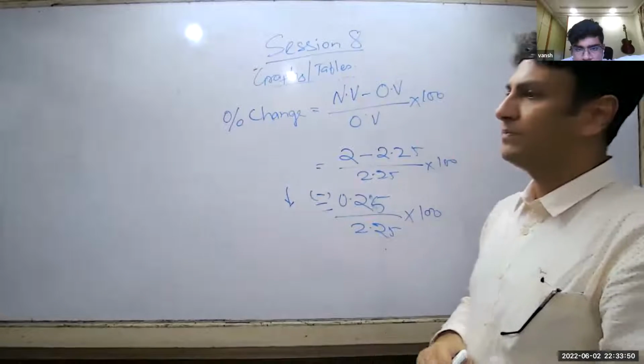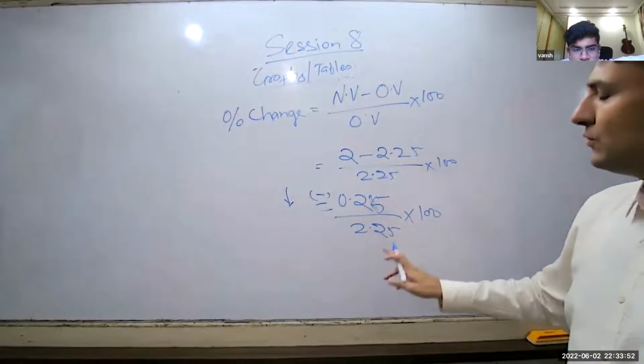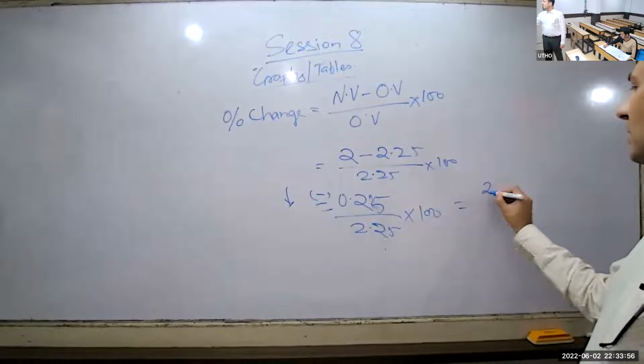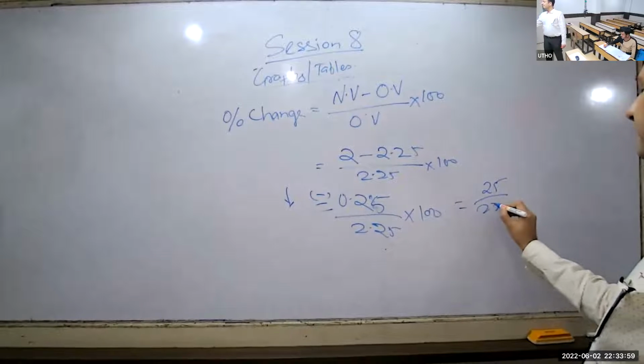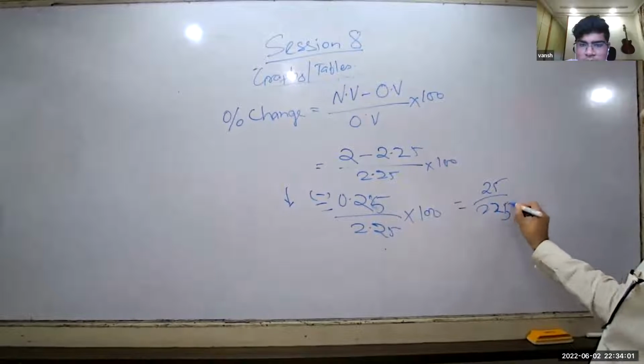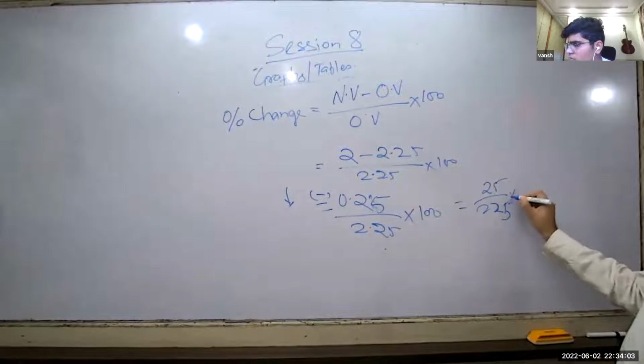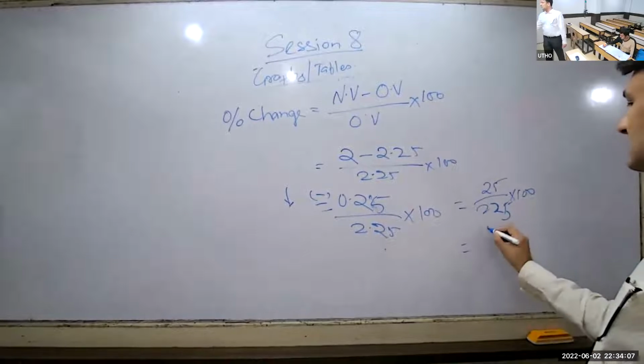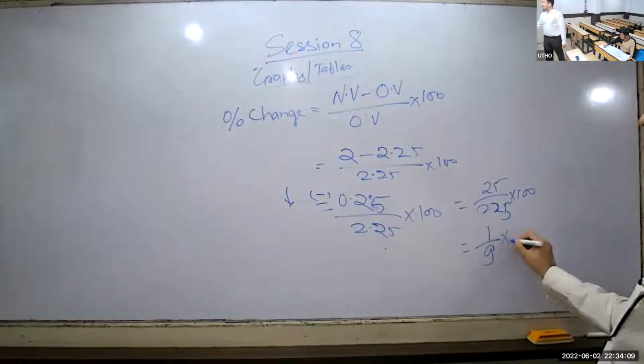So 0.25 upon 2.25 can be further written as 25 upon 225, into 100. And this can be further written as 1 upon 9 into 100.